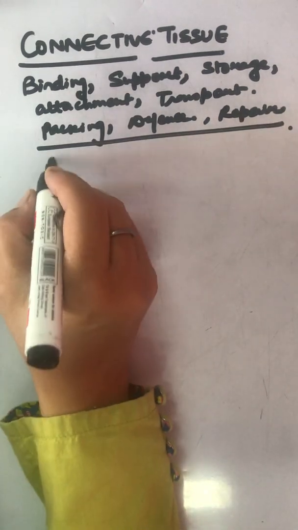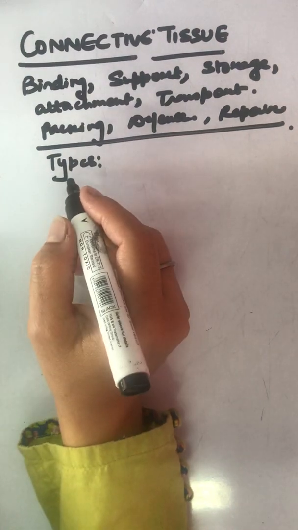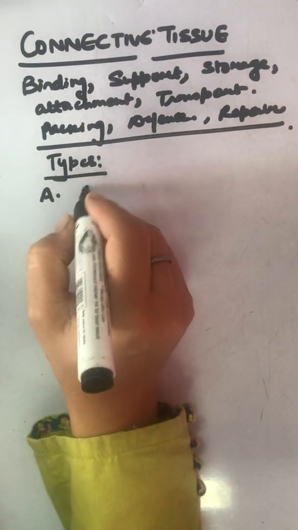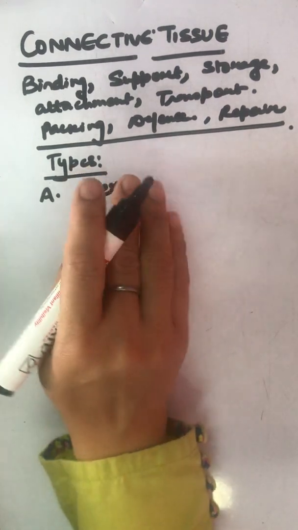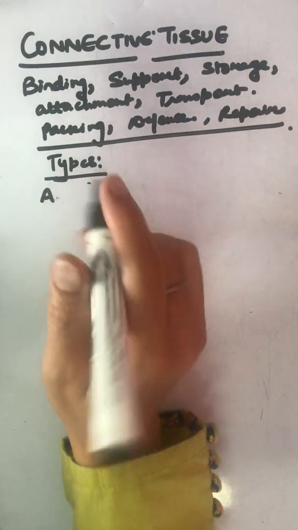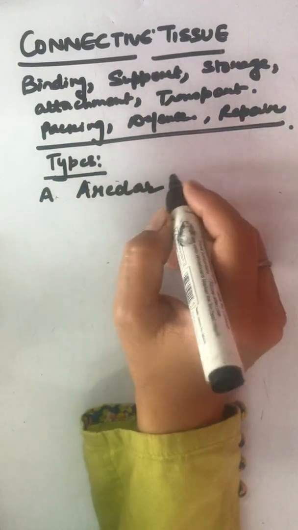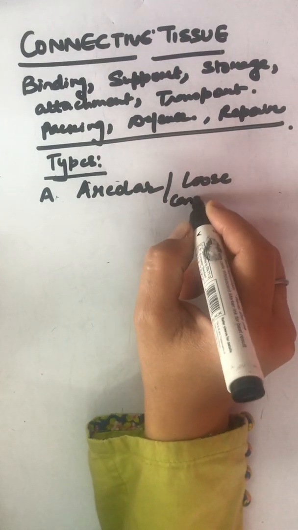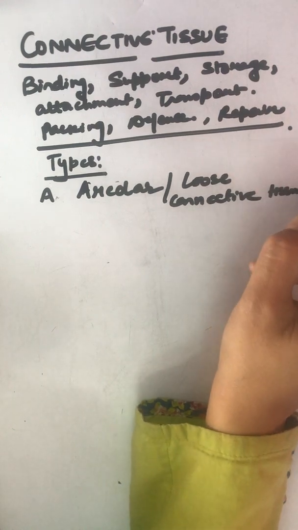Moving to the types of connective tissue. When we talk about the types, it's mainly divided into various types. The first one is areolar, A-R-E-O-L-A-R, or the loose connective tissue.